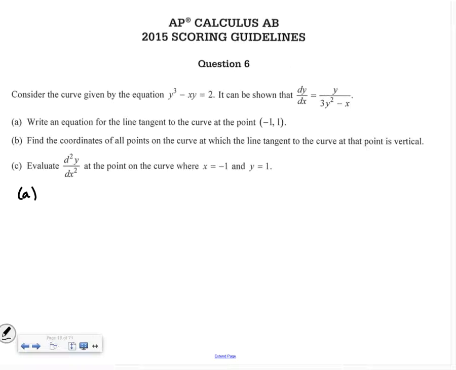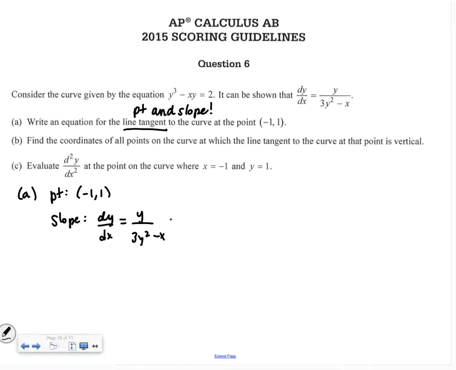So part A says, write an equation for the line tangent. So we need a point and we need the slope. At the point -1, 1. So we have our point. So our point is -1, 1. The slope is going to be plugging into our dy over dx. So dy over dx is y over 3y squared minus x. So if I evaluate it at this point, I'm going to have 1 over 3 times 1 squared is 1 minus a -1.